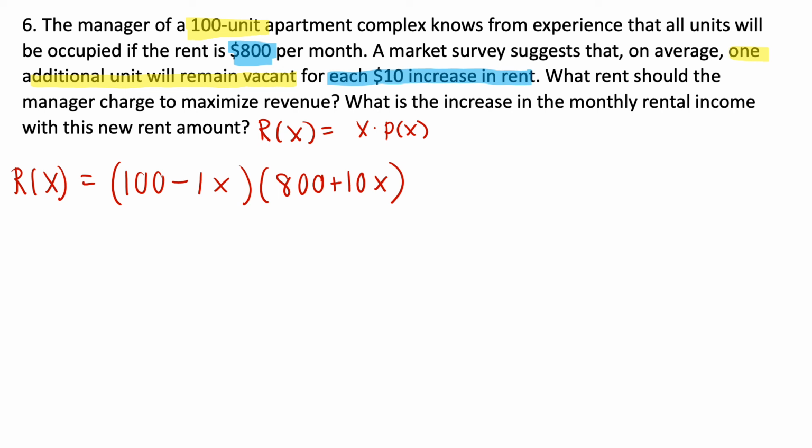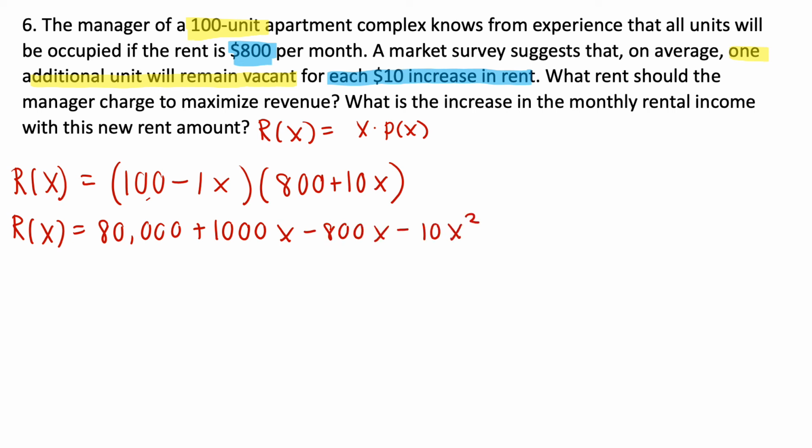From there, we want to find how much we should be charging to maximize revenue. So let's go ahead and turn our factored equation into a standard form equation. So R of X equals 100 times 800 gives us 80,000, plus 100 times 10x gives us plus 1,000x, minus 800x, minus 10x squared, and then let's just go ahead and simplify that.